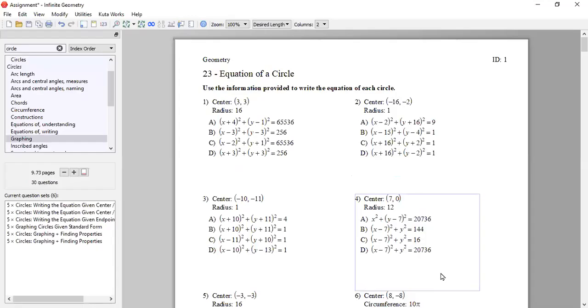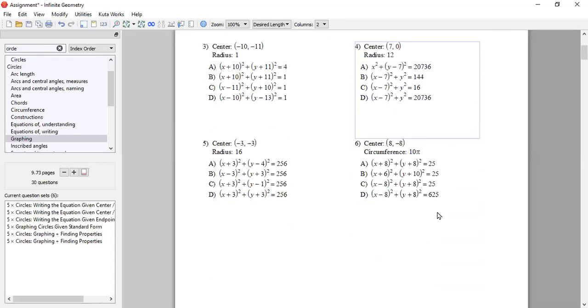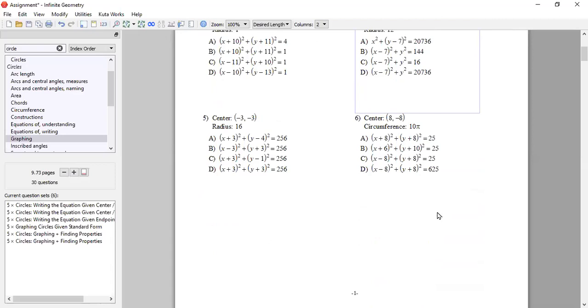There we go. Okay. Now, these other ones, same deal. Not too shabby. Now, circumference is 10 pi.